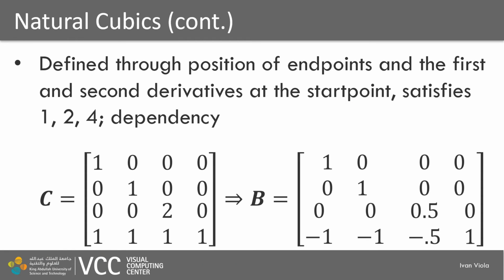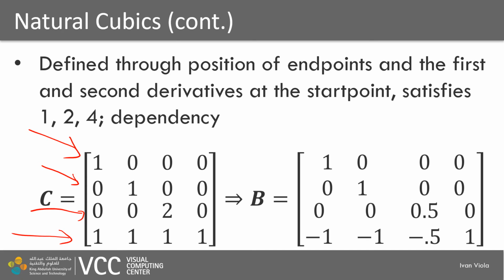For the natural cubics, we can generate our constraint matrix exactly in the same way as we have described it before. So from the previous equations, we have for the zero point and for the first point described our constraint matrix. This will be the row for the first order derivative. This will be the row for the second order derivative.